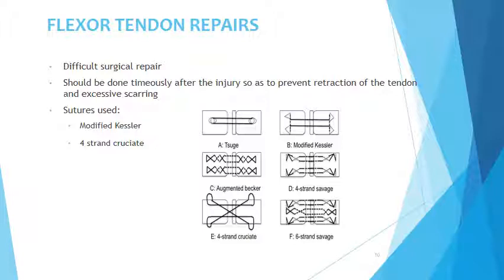If it's a 4-strand repair, 4 times. Here you can see that there are different types of repairs, but a 4-strand repair is sufficiently strong for early active mobilization, your early active protocols, whereas a 2-strand is not strong enough for an early active, but for an early passive program.